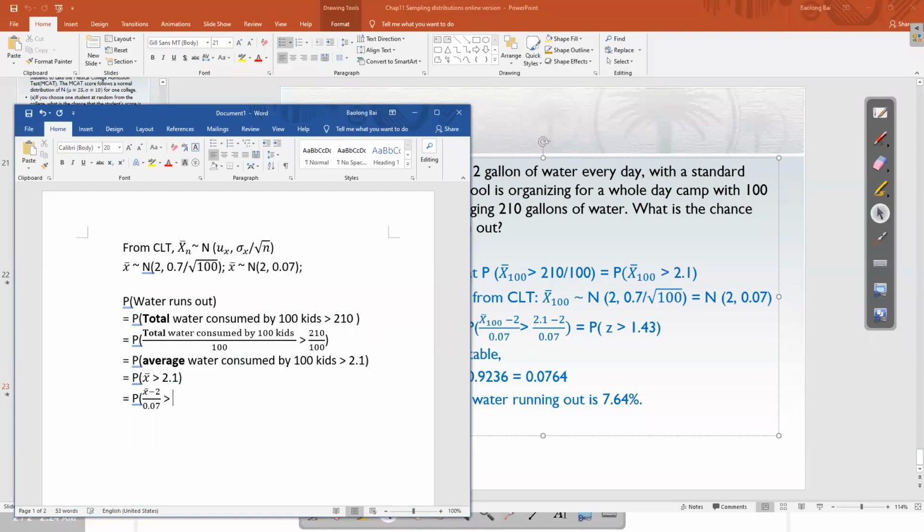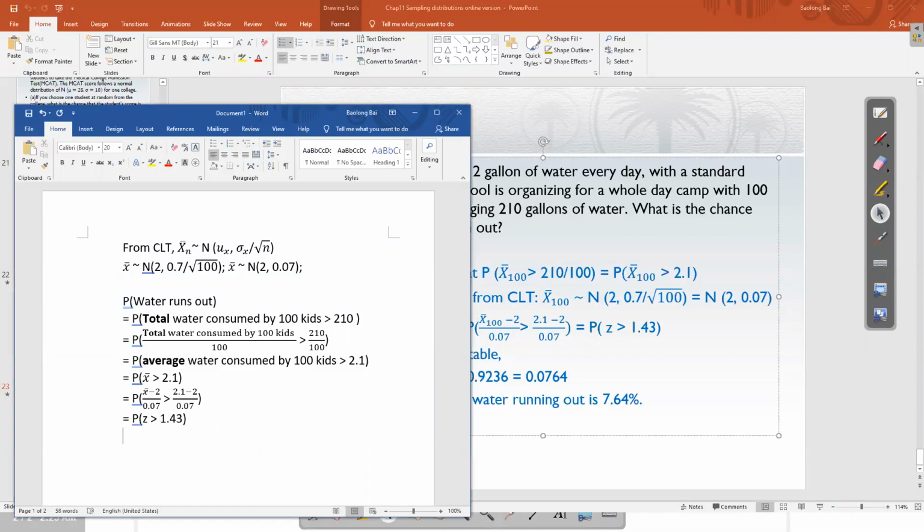Then keep the sign as is. On the other side, we're going to do the same operation, except that this is not x bar anymore. This will be 2.1. So then we standardize. This will be the probability of z greater than, and we calculate, 2.1 minus 2 is 0.1, divided by 0.07. That'll be 1.43.